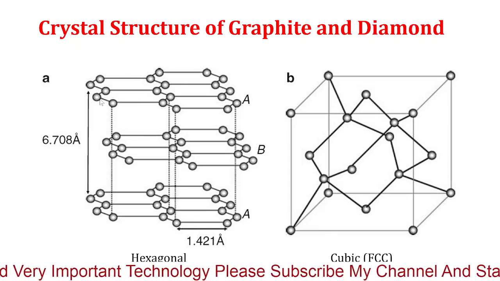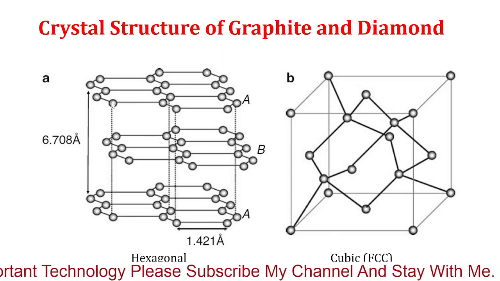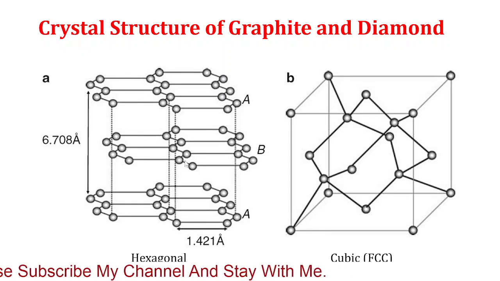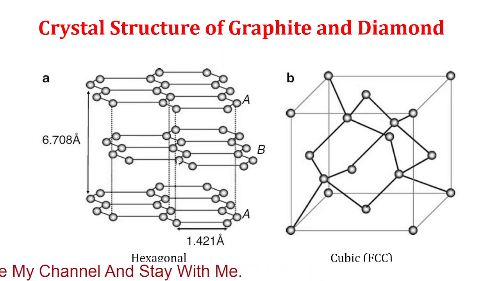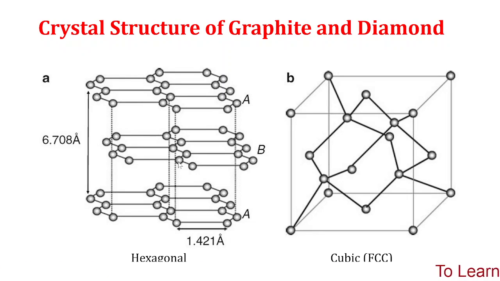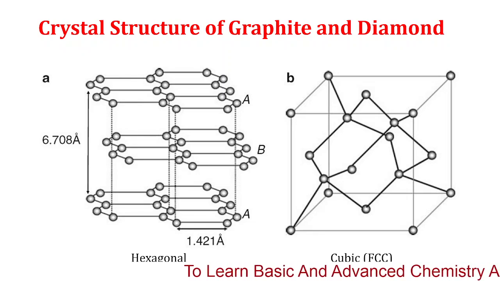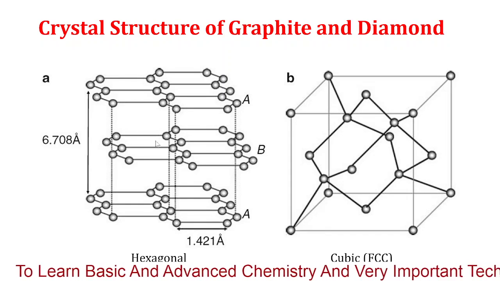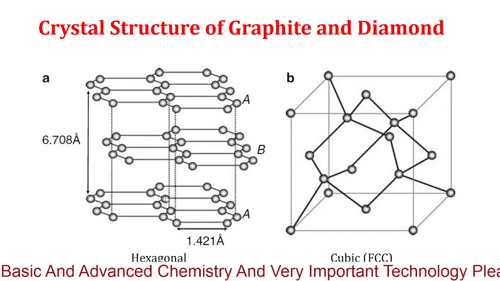We have only two carbons attached clearly, and maybe we can have three. If we consider this carbon, it is attached to this one, this one, and this one. So we have one carbon making very strong force with the adjacent three carbons. But here we have very little attraction force.